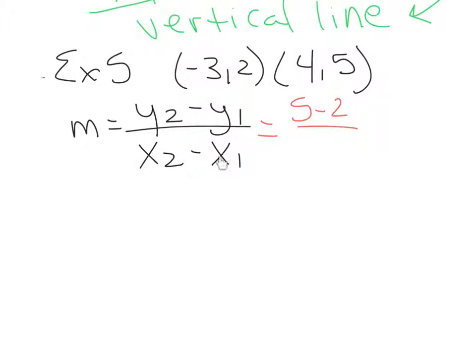And x2 minus x1 will be 4 minus negative 3. And again with the negatives. Be careful. You should always have these negatives because they come from the formula. This extra negative is on the coordinate. So then we simplify and we get 5 minus 2 is 3. 4 minus negative 3, these actually become plus, is 7. So the line that goes through these 2 points has a slope of 3/7.